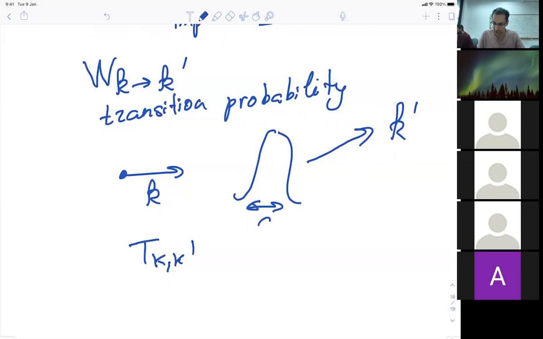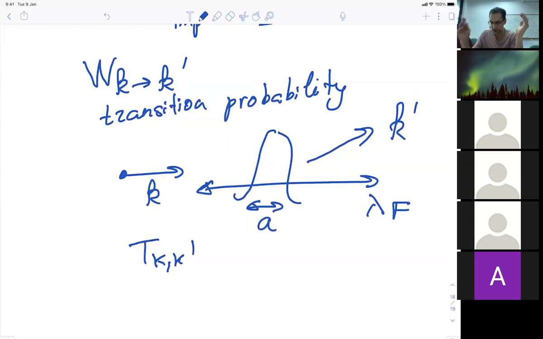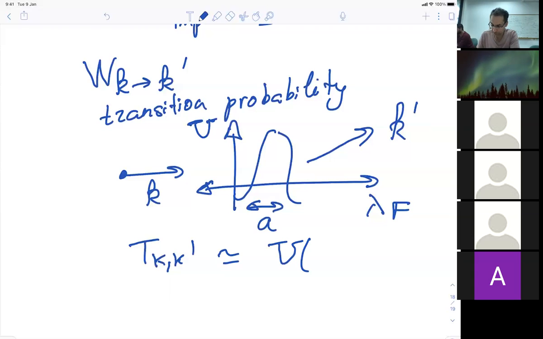So if you have an impurity of size A, and this size is much smaller than the wavelength of the electron, then you just do perturbation theory, and you say this is the amplitude of my impurity U. Then the scattering matrix is roughly speaking proportional to the Fourier transform of the potential at the wave vector K minus K prime. This is what is called the first Born approximation to the T matrix.